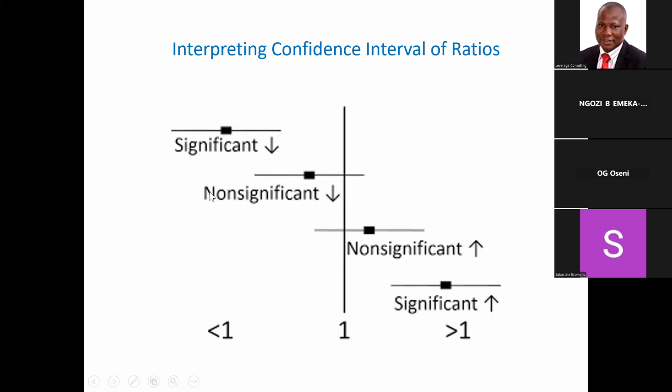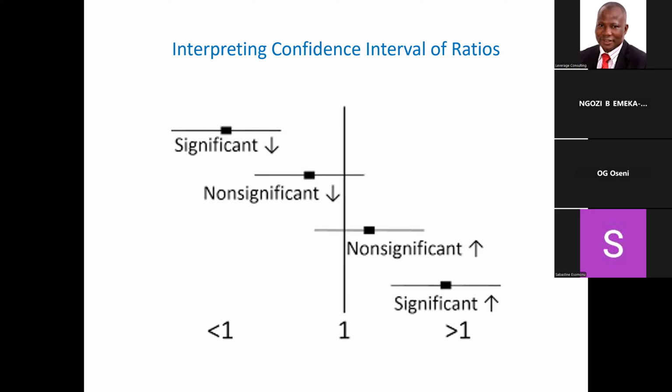The value of the relative risk will be in between the lower and upper. That's the dark area in the line. The horizontal line, that thicker area, is the value of the relative risk or odds ratio. The extreme ends are the lower and the upper. So when both the lower and upper are less than 1, it means that the relative risk you are calculating is less than 1. So it's significant. It means that the factor is protective.